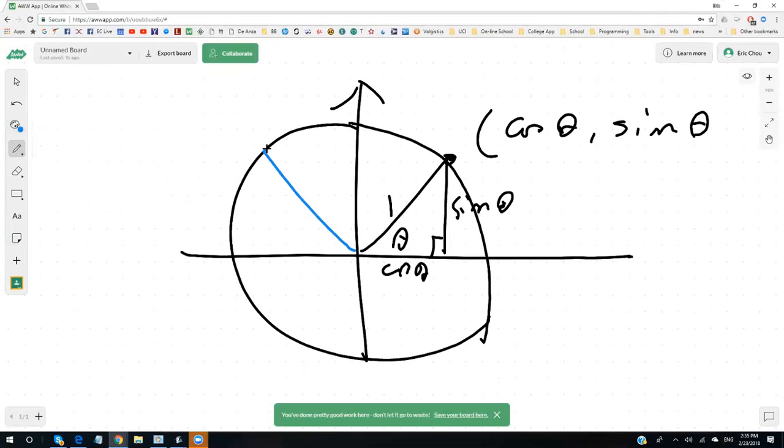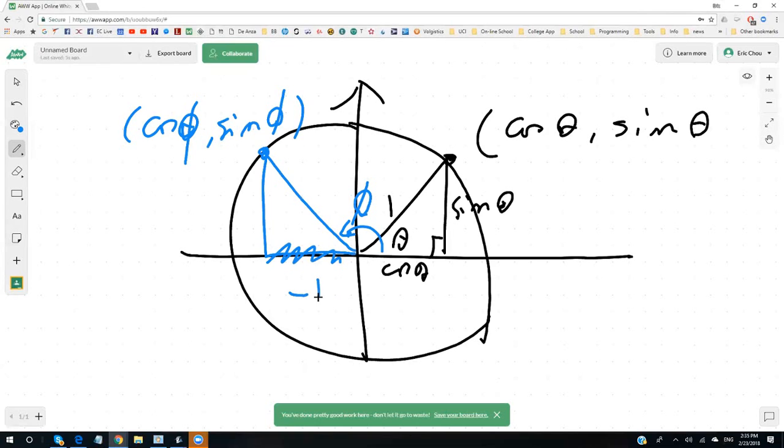This one is called phi. This point is called cosine phi, sine phi. So actually cosine phi is this, but it's negative. And sine phi is this. Coordinates of the point on the unit circle.